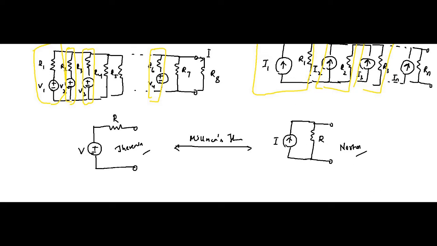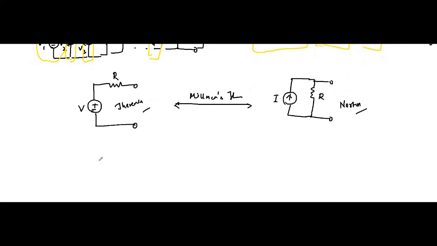We can discuss Millman's theorem in two parts. The first part is parallel voltage sources, and the other one is parallel current sources.